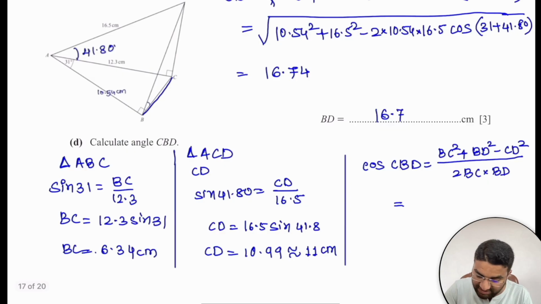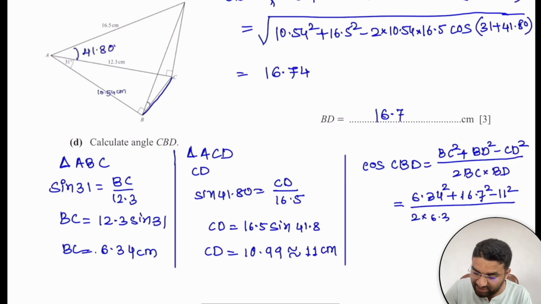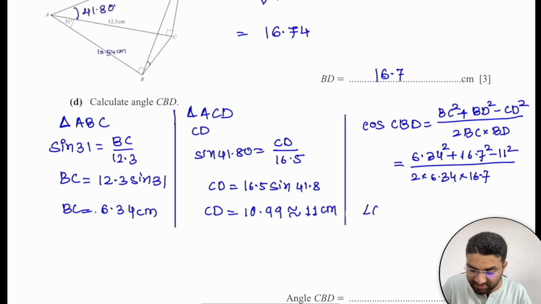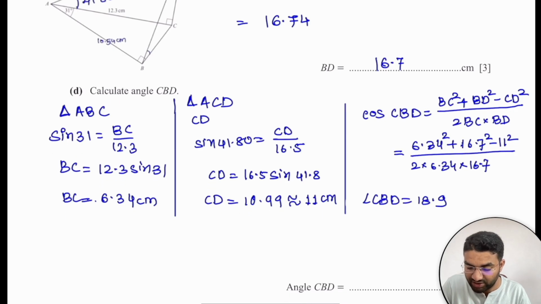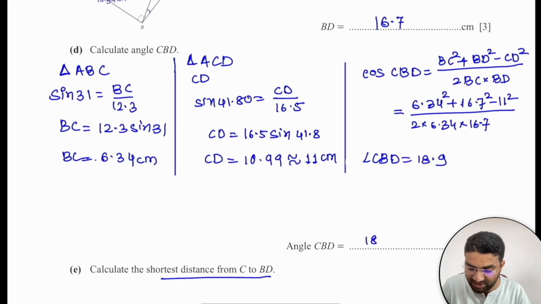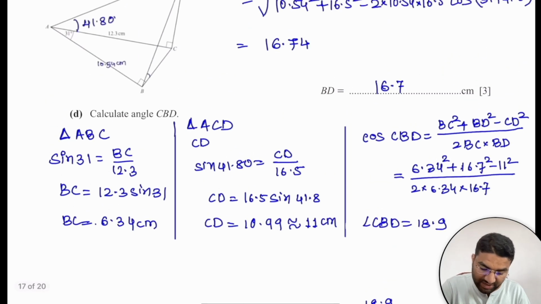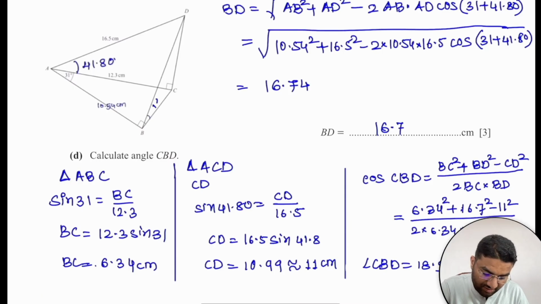Here BC is 6.34 bracket square plus BD is 16.7 bracket square minus 11 square, upon 2 times 6.34 times 16.7. For angle CBD, if you take cos inverse, it is around 18.9. You can write 18.9, and in the triangle also you can put this value 18.9, because we need it to calculate the next value.